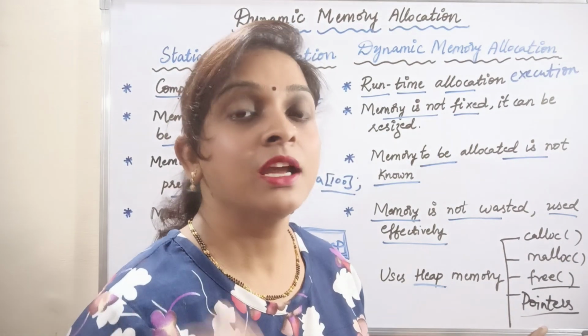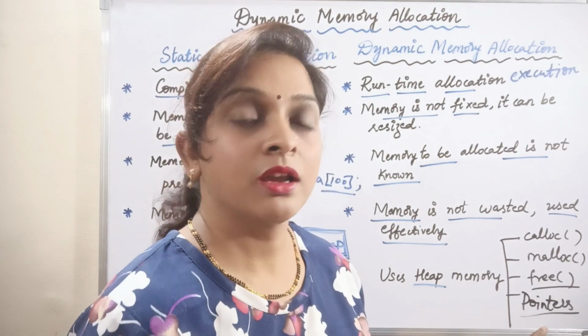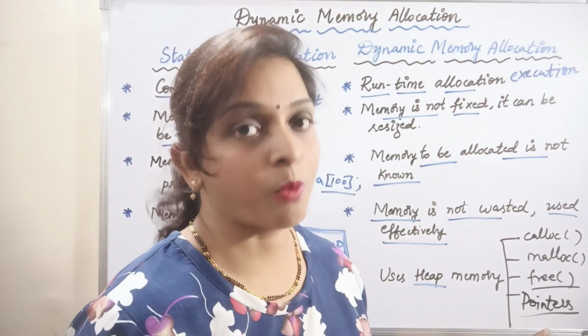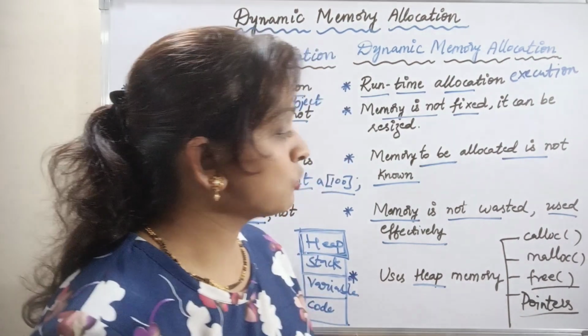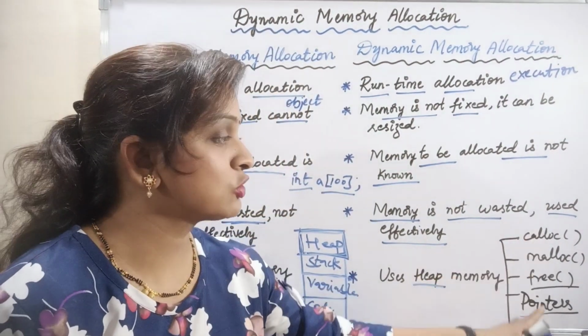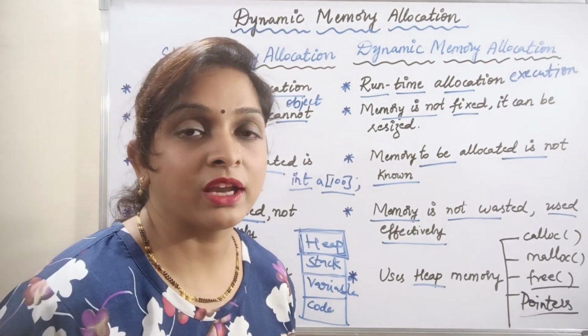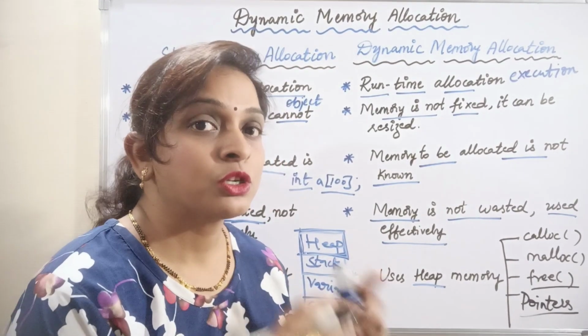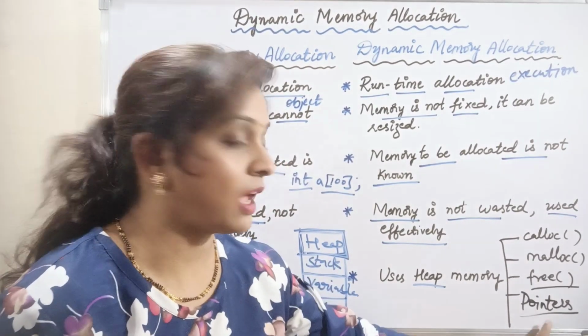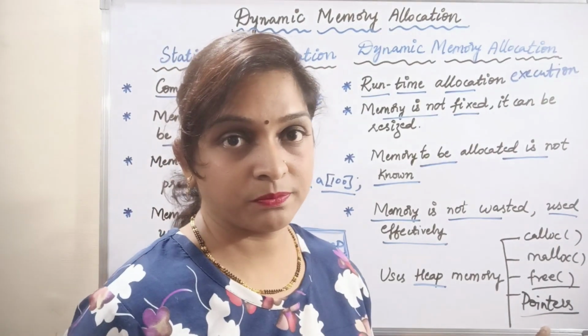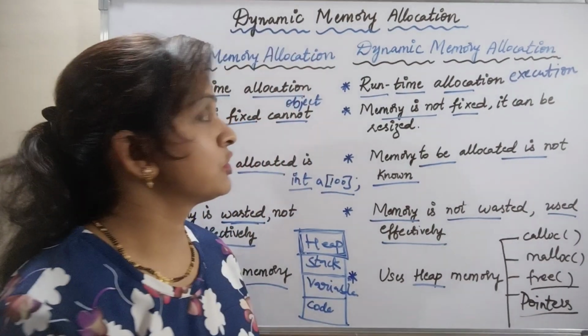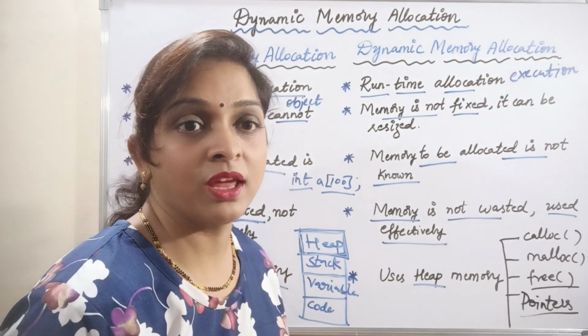I have done that. Please do check out the playlist. You have many videos on pointers. We have to make use of many functions to allocate the memory, and to manage and handle these memories, we have to use pointers. So this is the introduction to dynamic memory allocation.